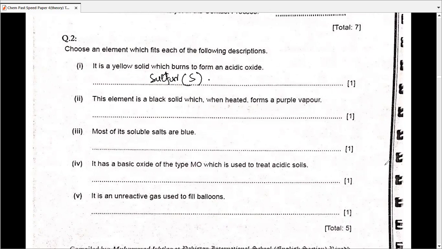Number 3 is a little tricky. Most of its soluble salts are blue. Remember, if it's forming colorful salts, it's a transition element. Now, unfortunately, this is something that we haven't studied so far.